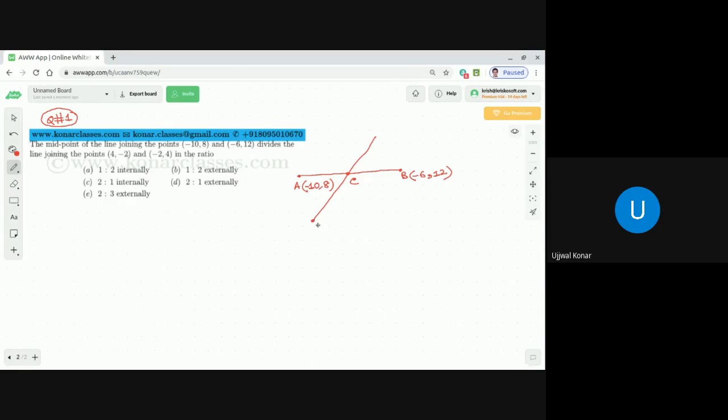This is the point D with coordinates (4, -2), and this is the point E with coordinates (-2, 4). What you need to find, dear students, is that ratio, that means CD is to CE. Let's see how we can find it out.